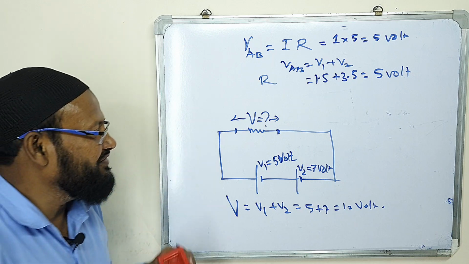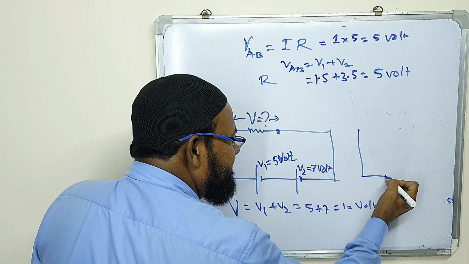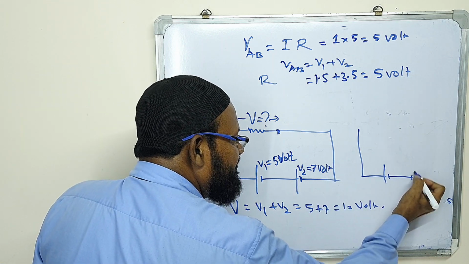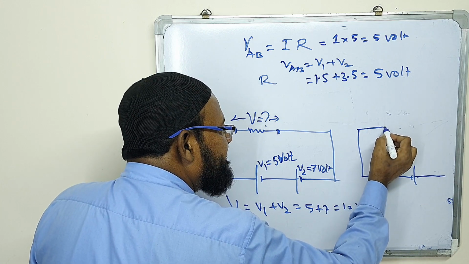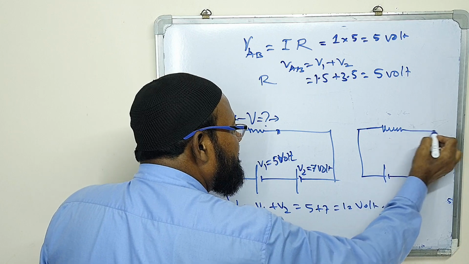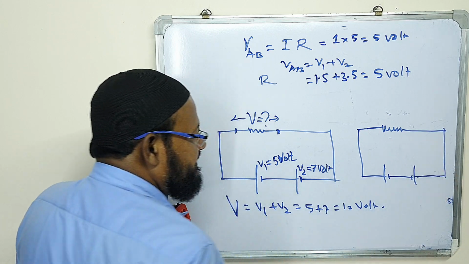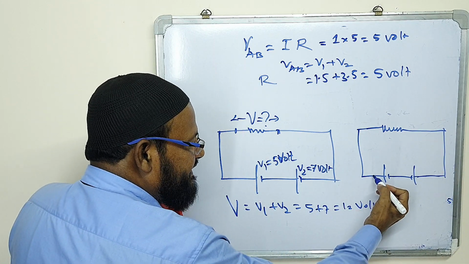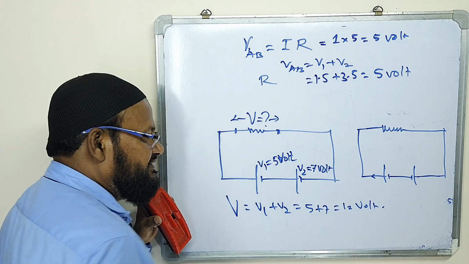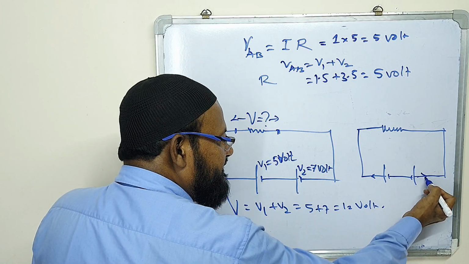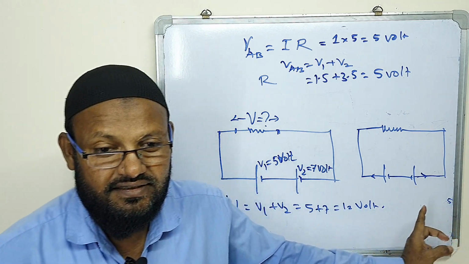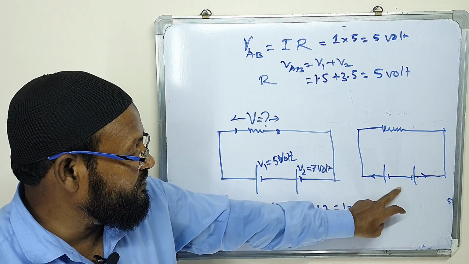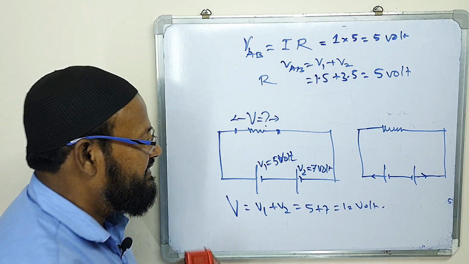Now, I am giving another figure. This is important. Sir, in this case, please see, it has a tendency to send current in this direction. In the same circuit, two directions are not possible.